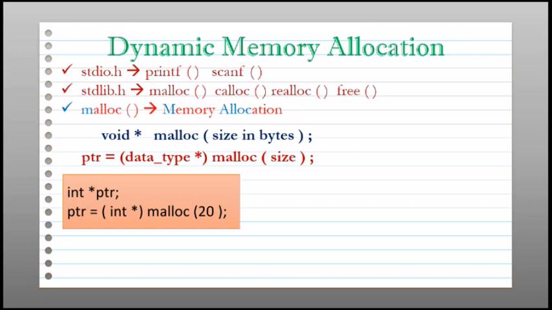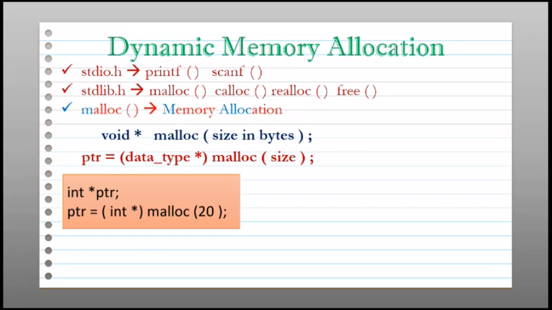And suppose the compiler takes 4 bytes for each integer, then 20 bytes means 5 integer values we can save in the memory block. So all this allocation depends on the compiler.